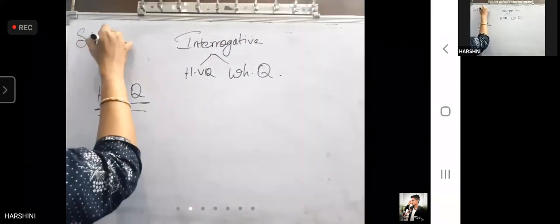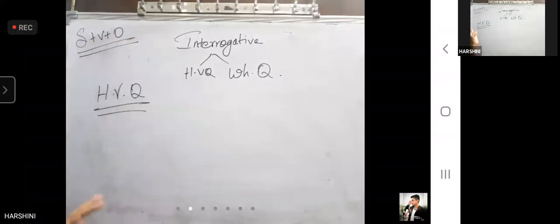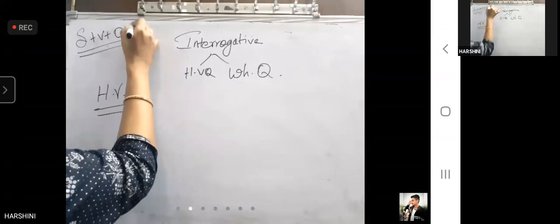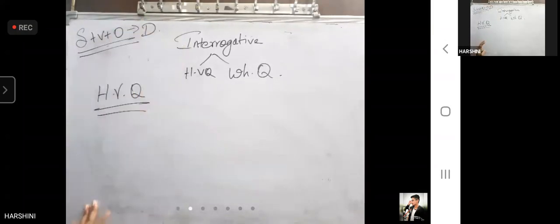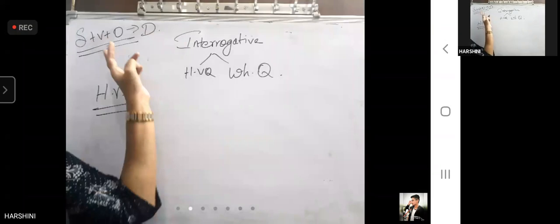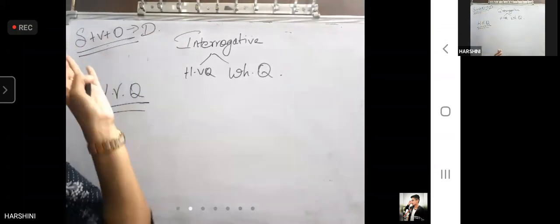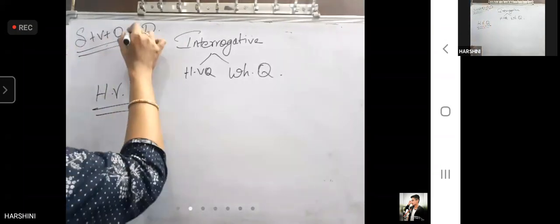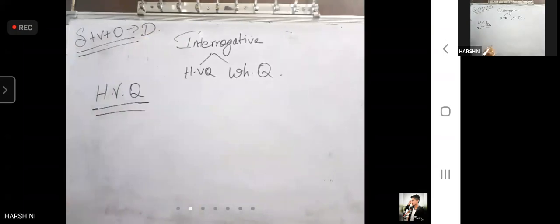The structure of a sentence is subject, verb, object. It is not the structure for all 4 types of sentences. It is the structure only for a declarative sentence, and it ends with a full stop.